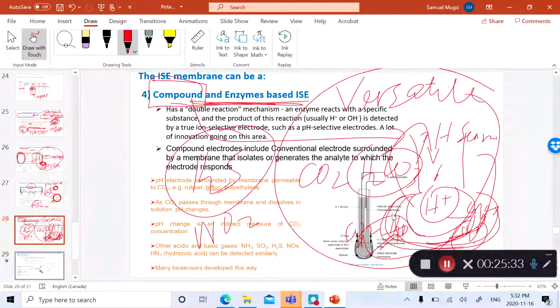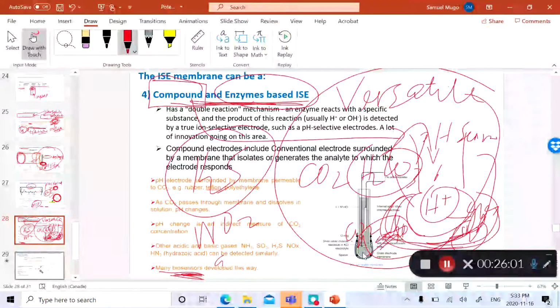Okay. Now, another way that you can make other different types of sensors is where this membrane is immobilized with an enzyme. Okay. Remember, enzymes are very, very specific to the analyte of interest. And that way you can actually make biosensors if the membrane is impregnated with an enzyme. Maybe I give you an example.